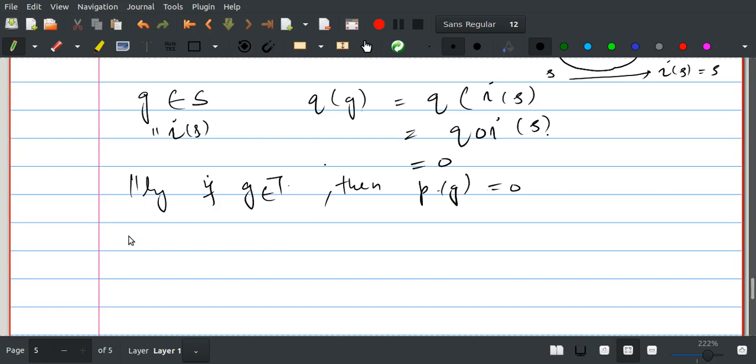Now if g is in the intersection of S and T, note that we have to prove that this intersection is singleton. We have to prove it contains only 0. Now we are taking g in this set. Now what we have to prove? We have to prove g is 0.